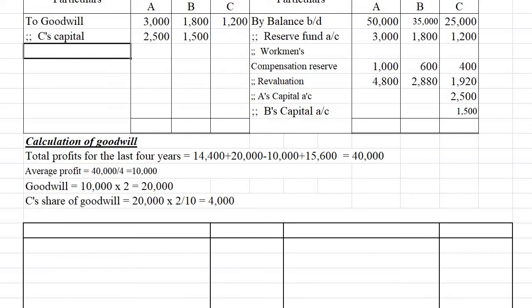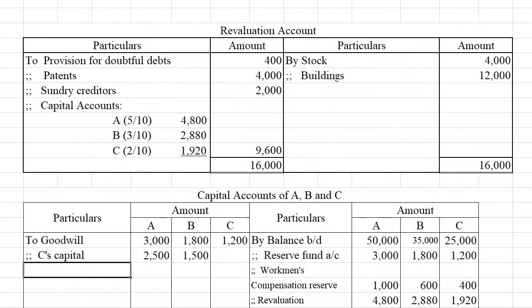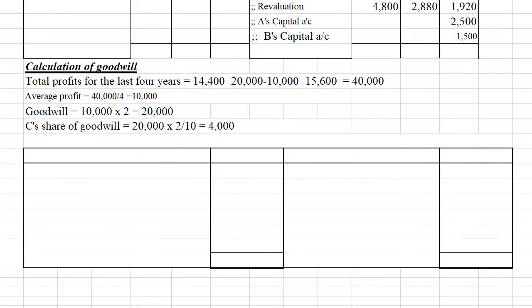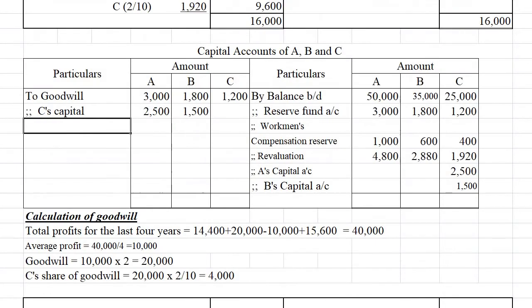Okay, then here in the question it is given that C is retiring and C's amount is to be given to him. Okay, but here you can see that C's amount of total capital balance we have to find out first.